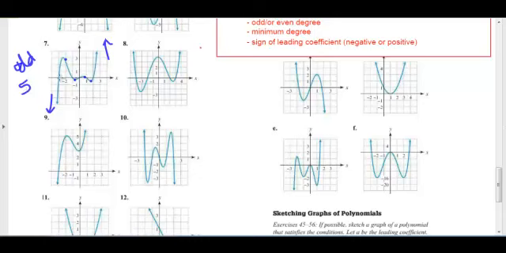It has 1, 2, 3, 4, 5 x-intercepts. Remember, the degree of the polynomial has to be the same or higher than the number of x-intercepts. Your number of x-intercepts or zeros cannot be higher than the degree. I have 5 x-intercepts, so I'm still good. It's a 5th degree.